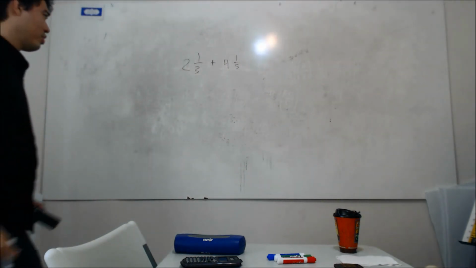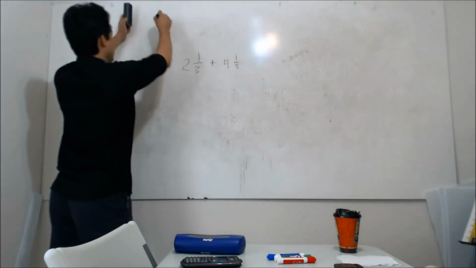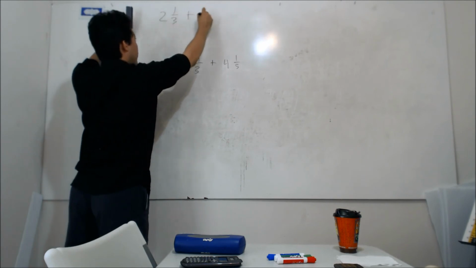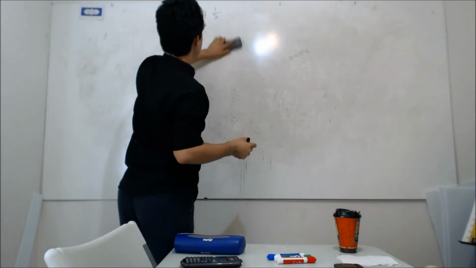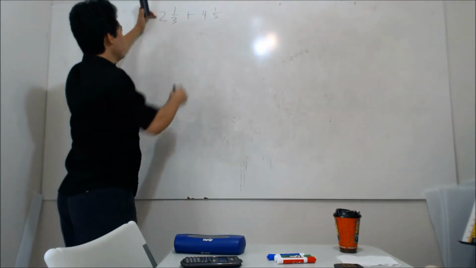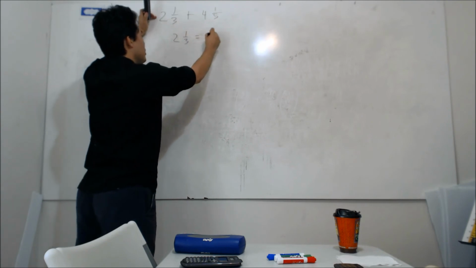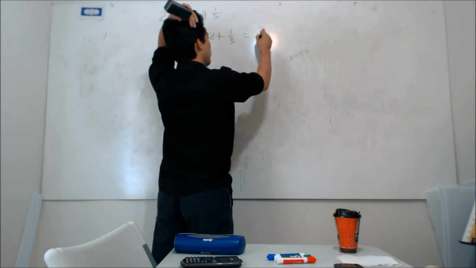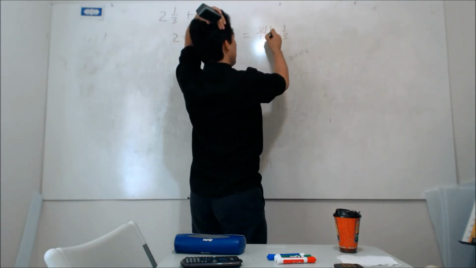First, we're going to convert them into improper fractions. So let me put this way up here, so I can have the whole board, so we can follow one column from beginning to end. We're going to first turn this one into an improper fraction. So 2 1/3, which means 2 plus 1/3, which means 2 over 1 plus 1/3, which we want the denominator to be 3.